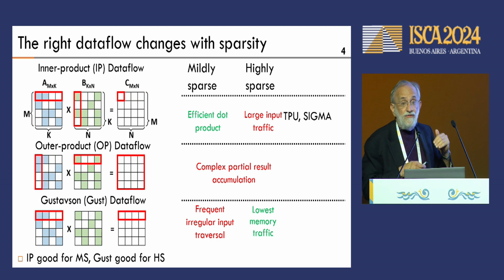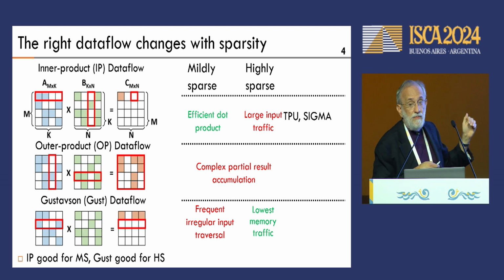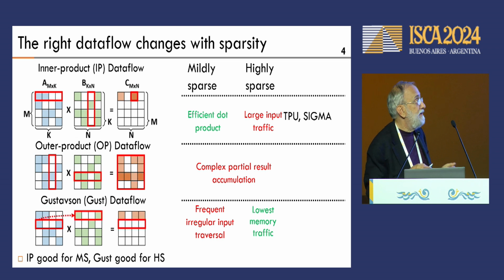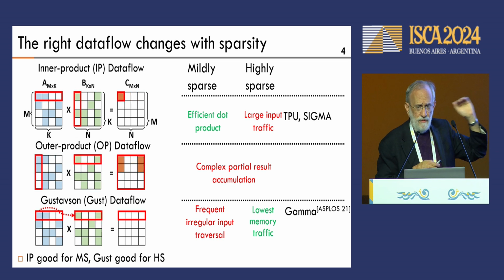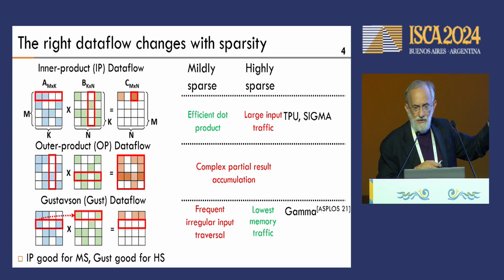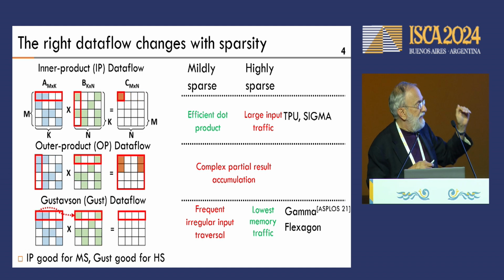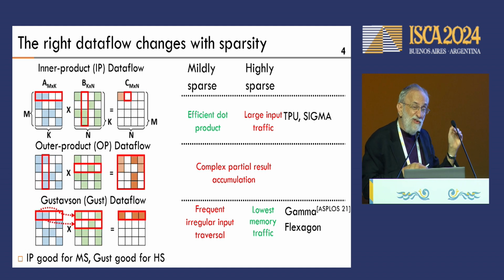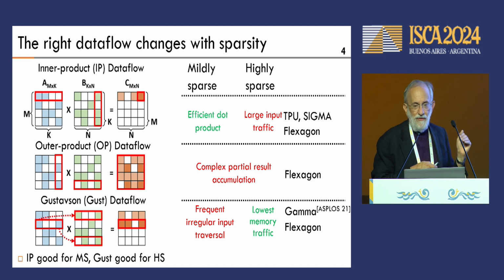In the designs I presented before, TPU and SIGMA are both based on inner product data flows. And GAMMA, which is some other work that you might be familiar with, is a multiplier that works on highly sparse computation, as is Flexagon. Now, Flexagon also can support these other two data flows.